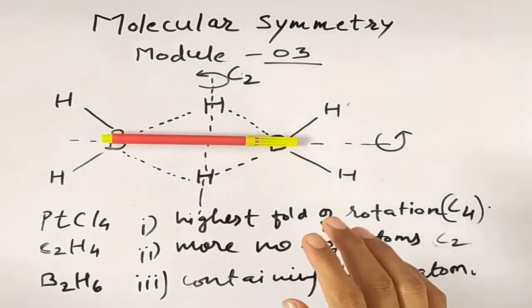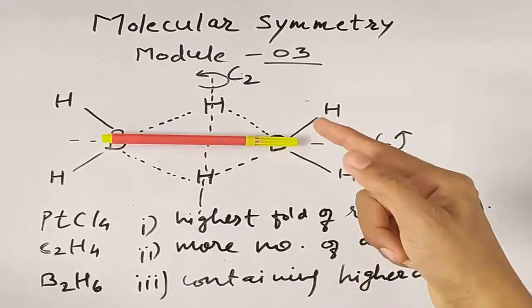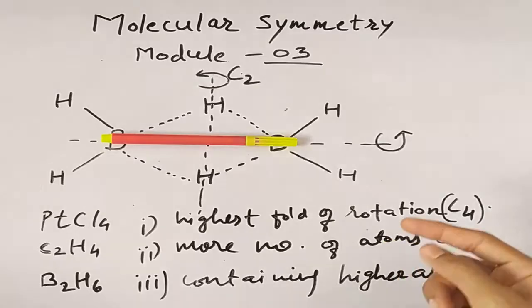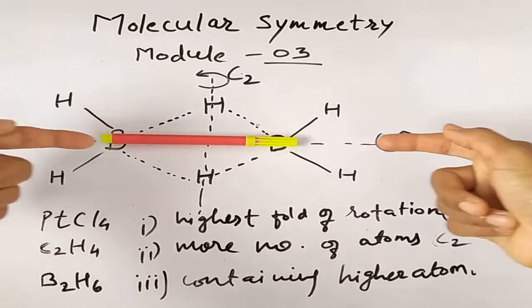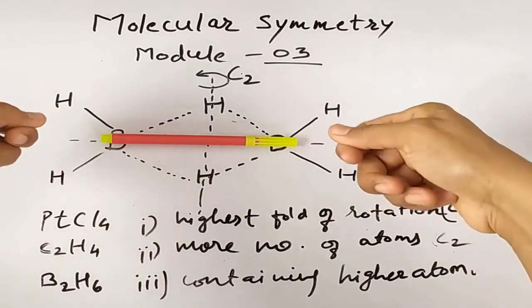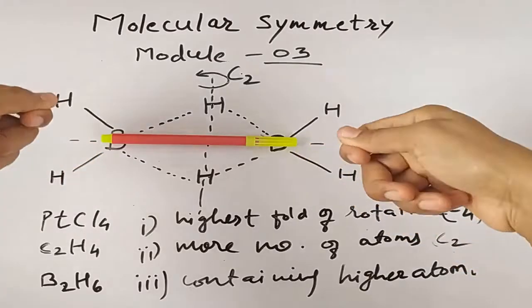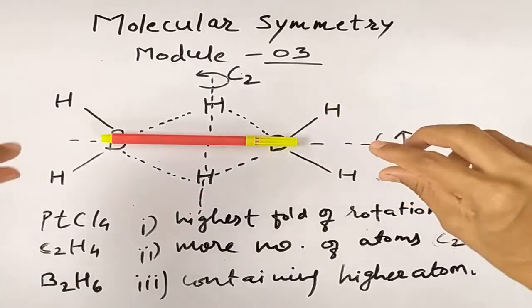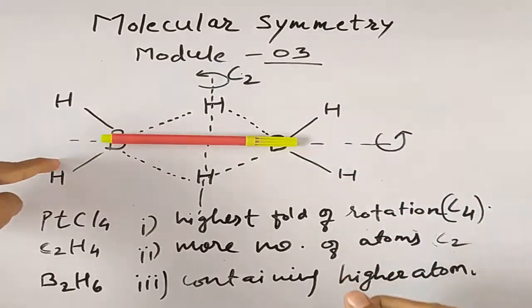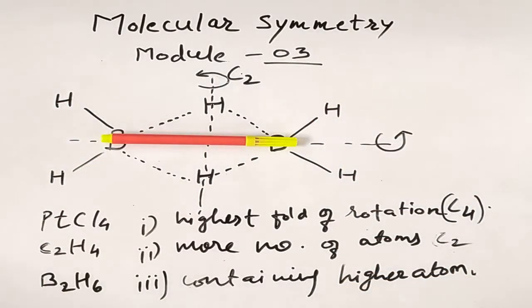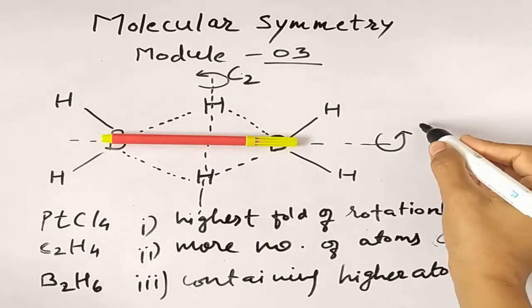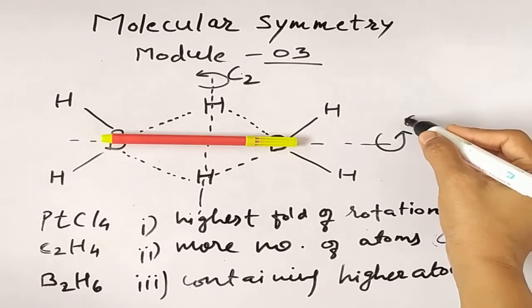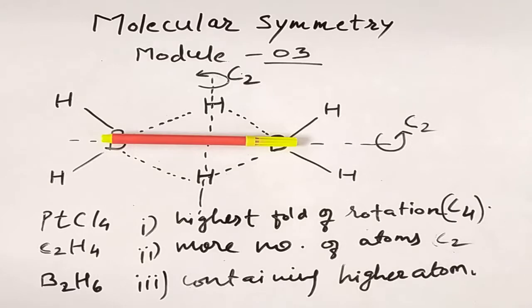That means after rotation also we are getting the same image, so we can pass the imaginary line, the rotational axis, from here, which will rotate the molecule in this way. Again, what is the angle of rotation? Again 180. So here also the rotational axis is C2.